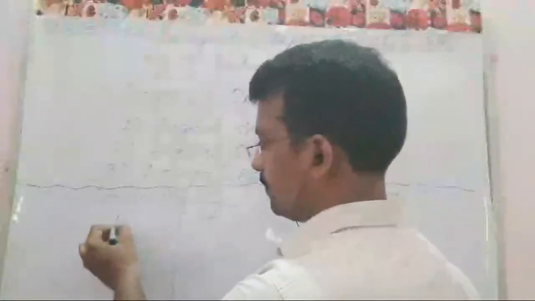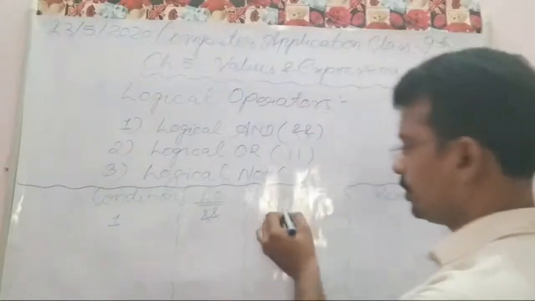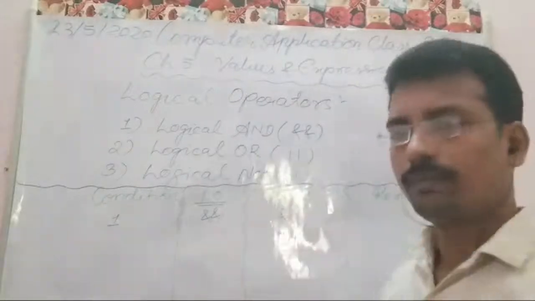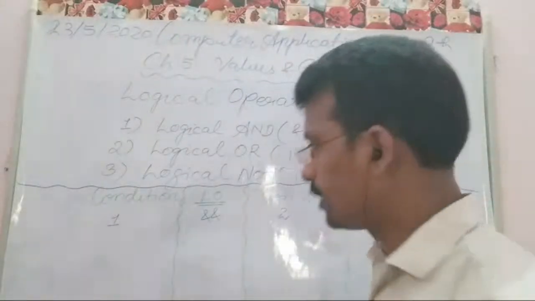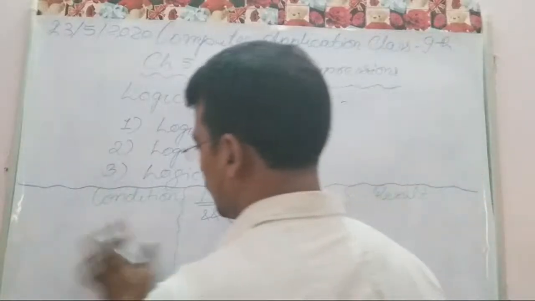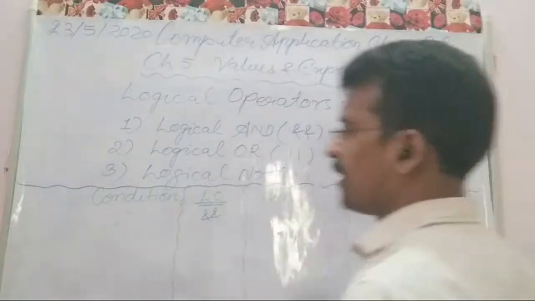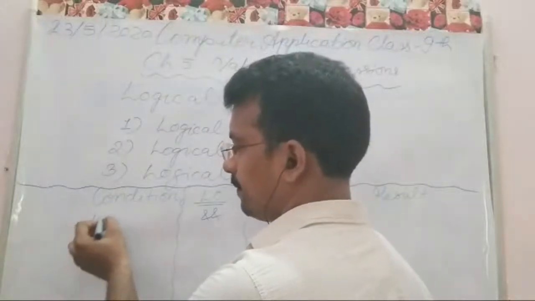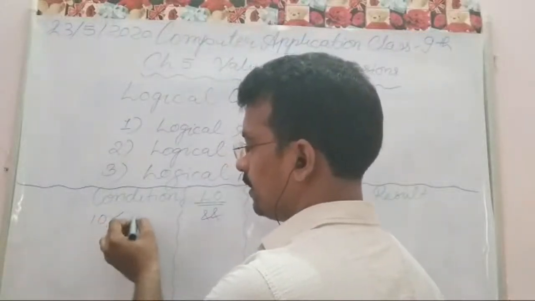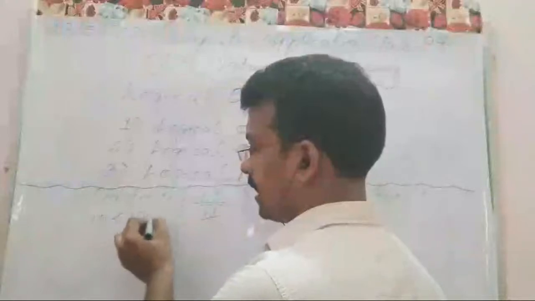Suppose one condition is there. This is condition 1 and this is condition 2. Let's write the condition better. If I say condition 1, 10 is less than 12 minus 5.